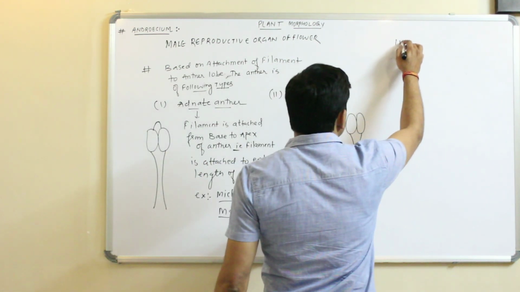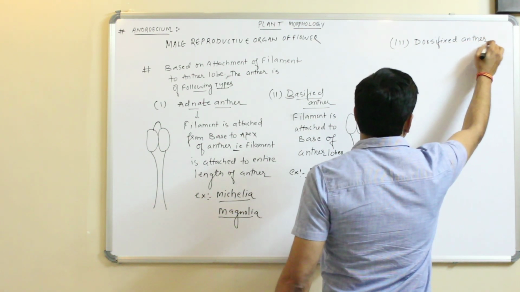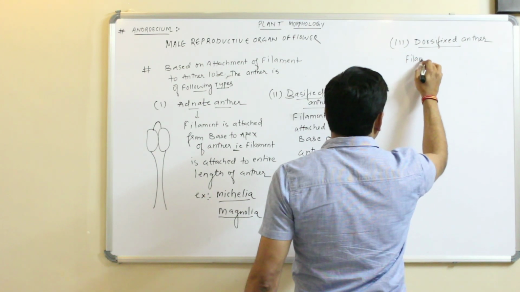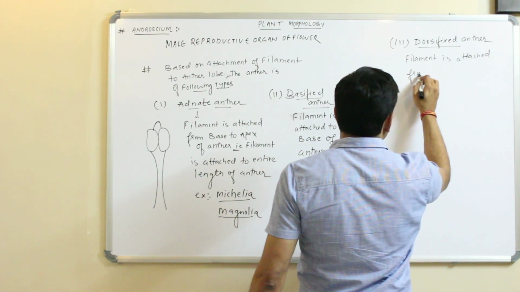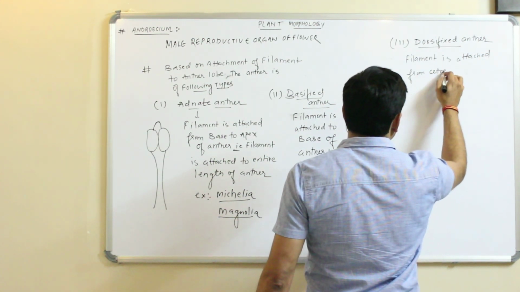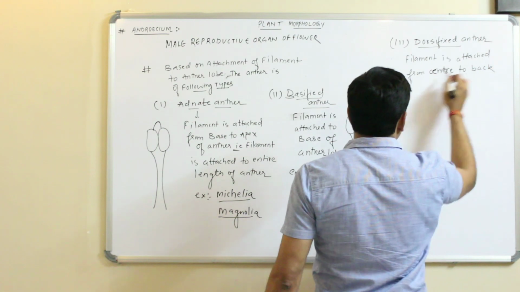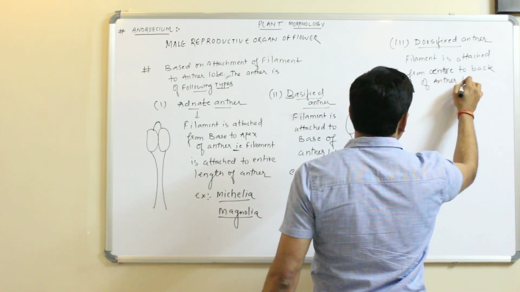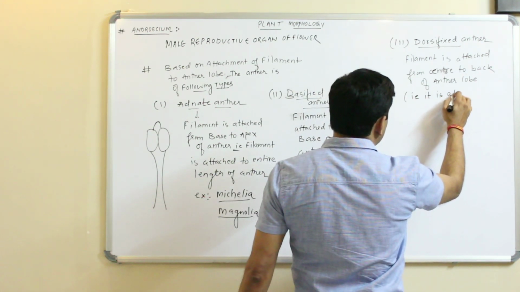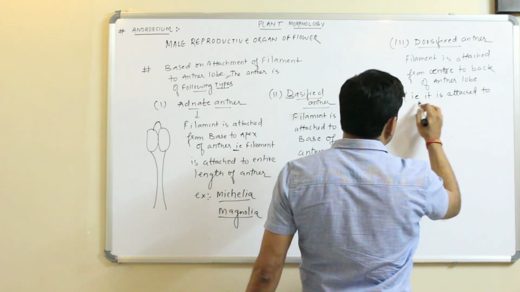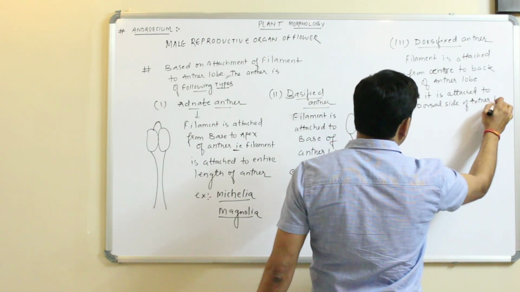The third one is the dorsifixed anther. Dorsifixed anther means the filament is attached from the center to the back of the anther lobe, that is, to the dorsal side of the anther lobe.